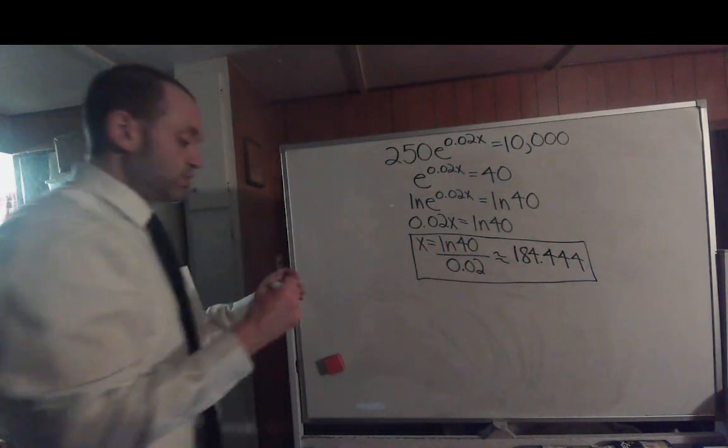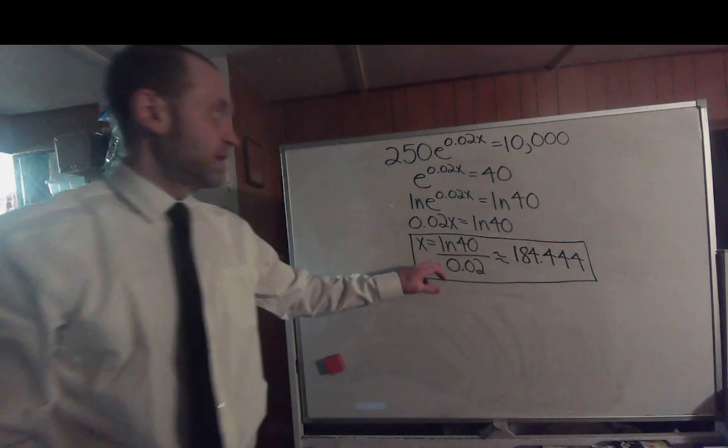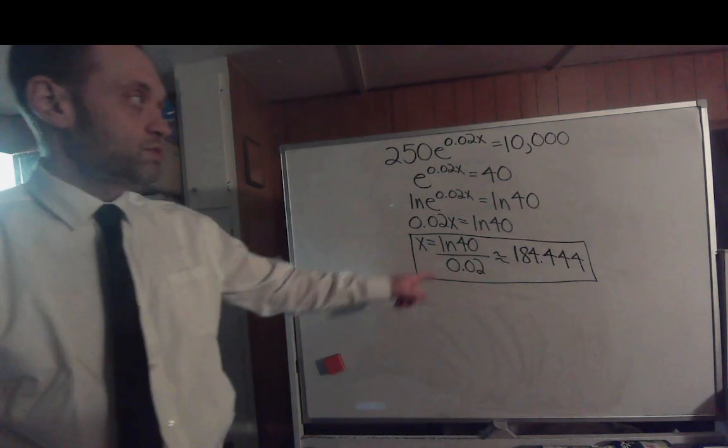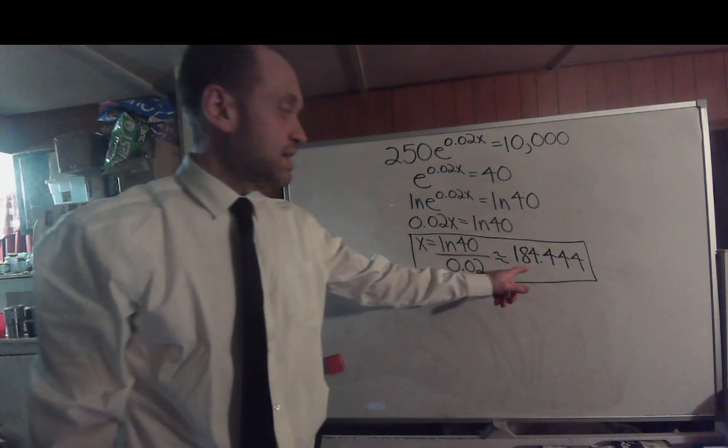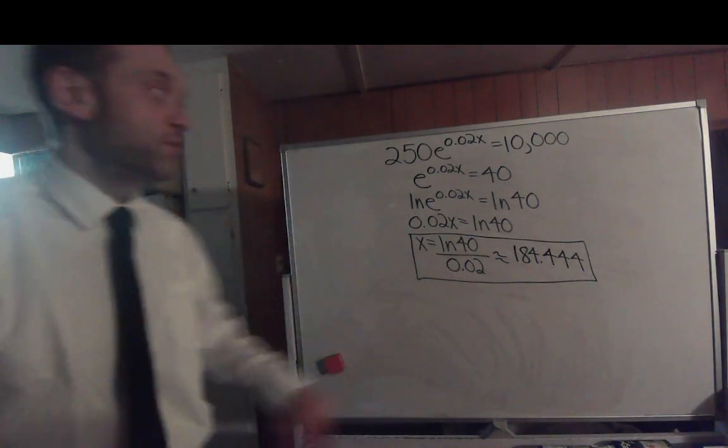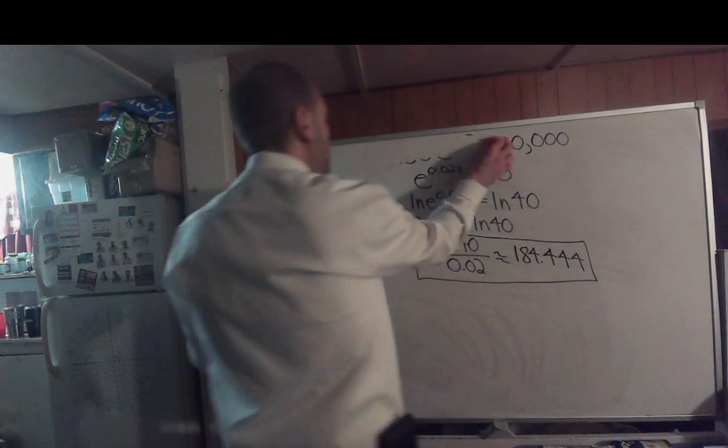So x would equal exactly the natural log of 40 divided by 0.02, or approximately 184.444. And I have 4 more problems.